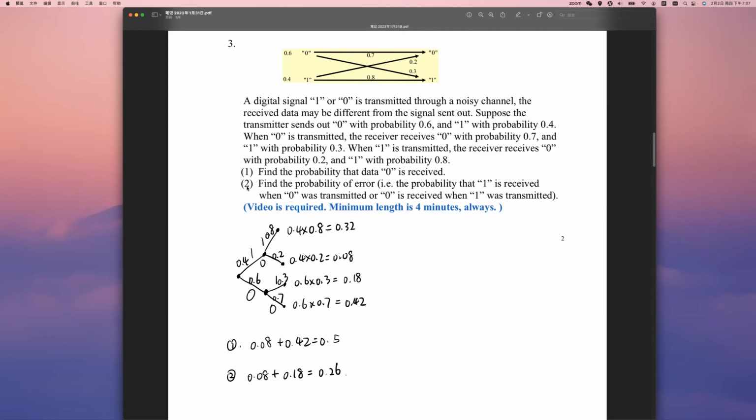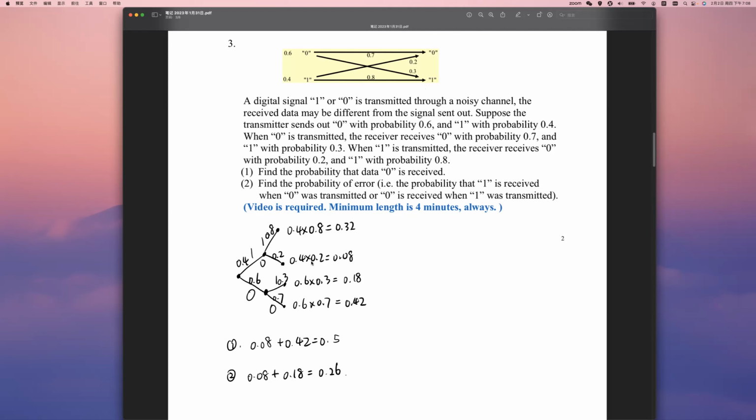And the second question is asking for the probability of error, and there are 2 cases. The first one is when transmitting 1 and receiving 0, and the second one is transmitting 0 and receiving 1. For the first case, the probability should be 0.4 times 0.8, which is the probability of transmitting 1 but getting 0.